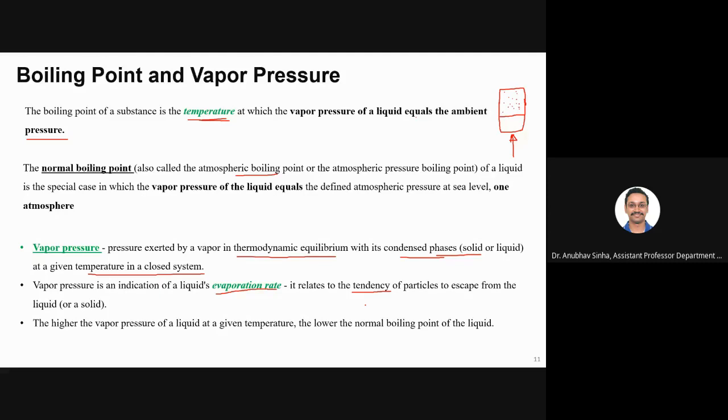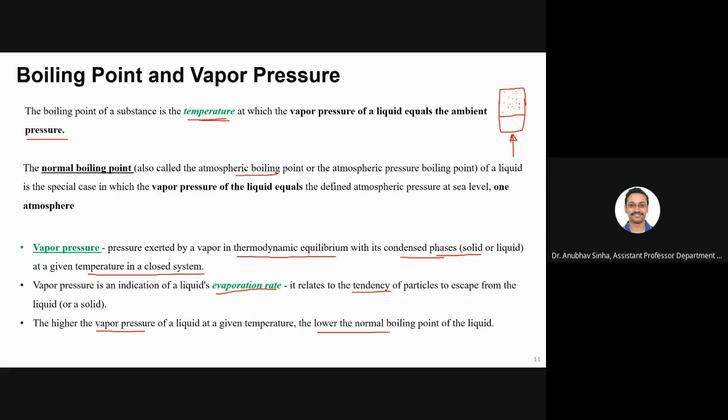For example, if you compare the vapor pressure of water and ethanol, ethanol will have higher vapor pressure because it has a lower boiling point. Ethanol boils faster than water, or at a lower temperature than water. So, the higher the vapor pressure, the lower the boiling point.